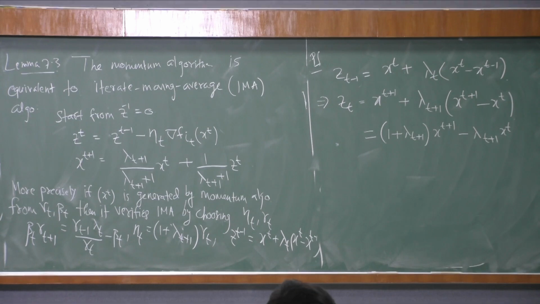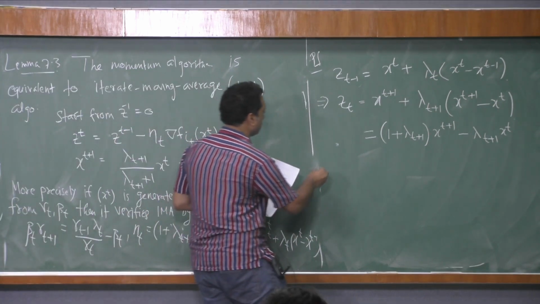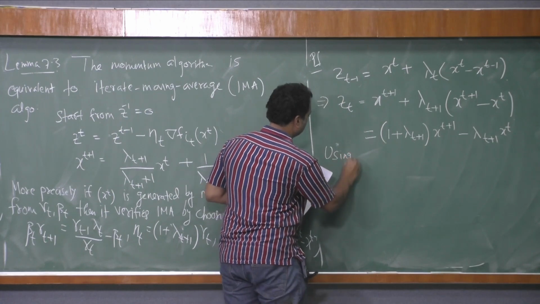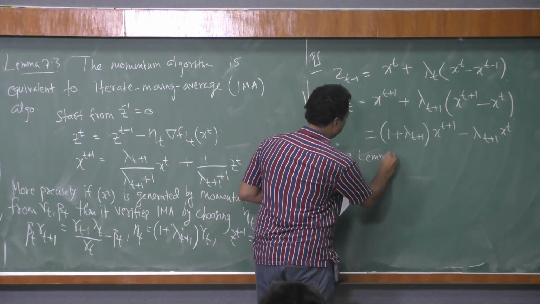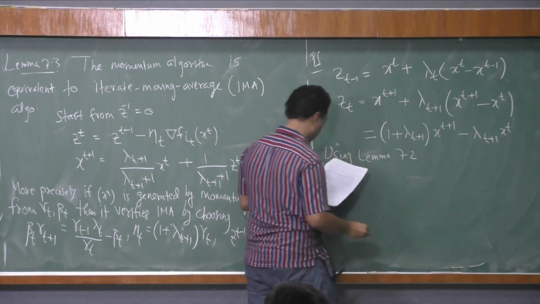okay, actually we will use lemma 7.2, which was the heavy ball method. Because we know that momentum is also equivalent to that, so we will use lemma 7.2, which is the heavy ball format.